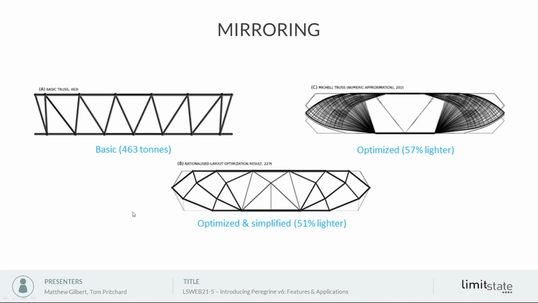So if you look at an optimized and also simplified structure, then we get this one that we can see at the bottom here, which is actually 51% lighter than this, so not actually that much different from the fully optimized structure at the top right there, but considerably easier to construct.